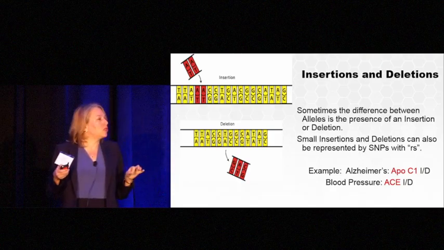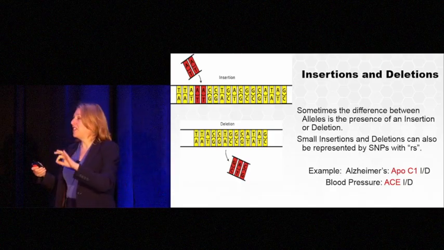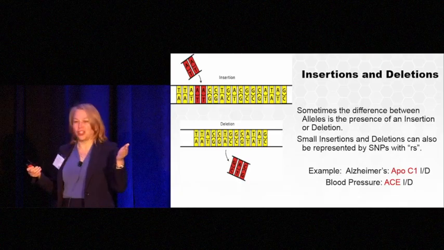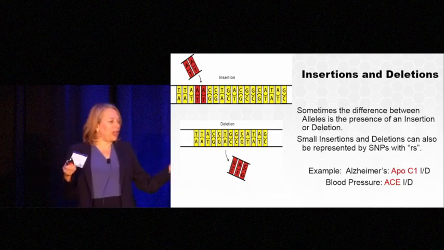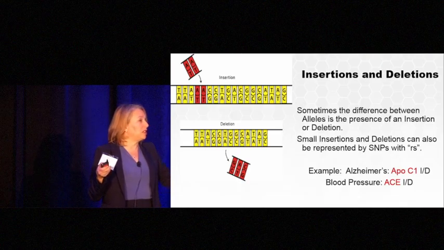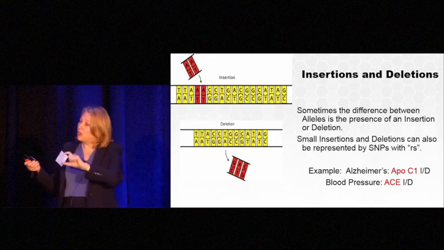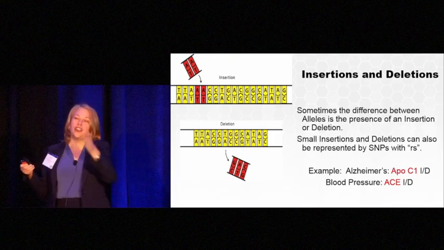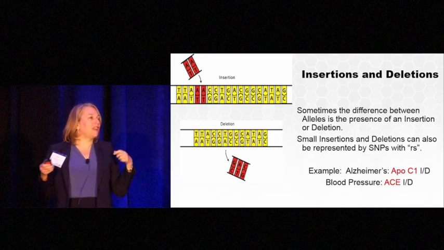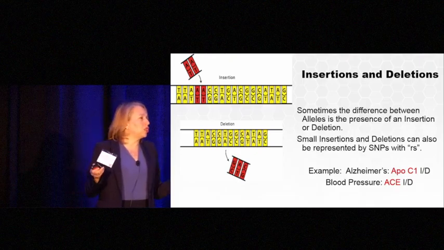There's also insertions or deletions. How many of you have heard of the ACE gene, the ACE insertion? That's an insertion. What about ApoC1, which is on the same gene as ApoE4 and affects cognition? If you haven't heard of that one, that also is an insertion versus a deletion. Now, these aren't big deletions like in Turner syndrome.